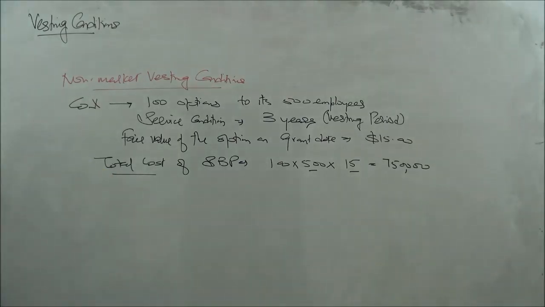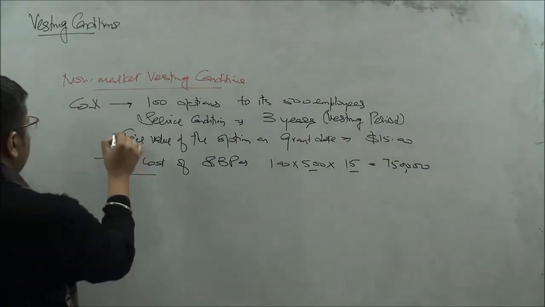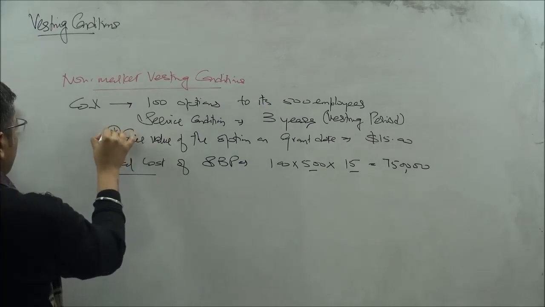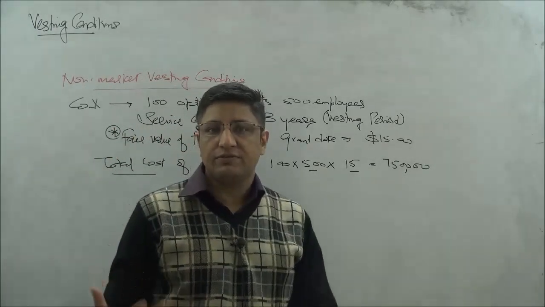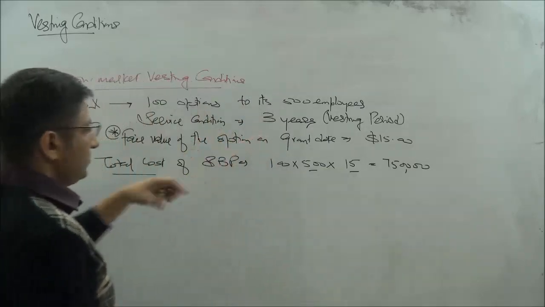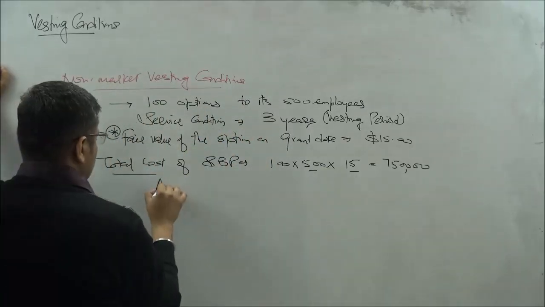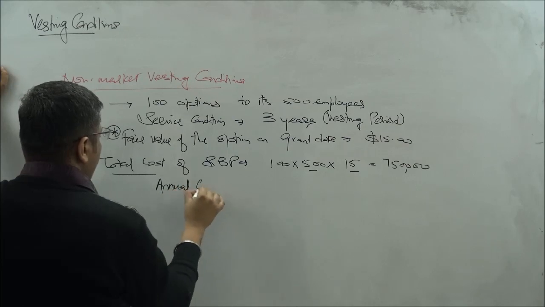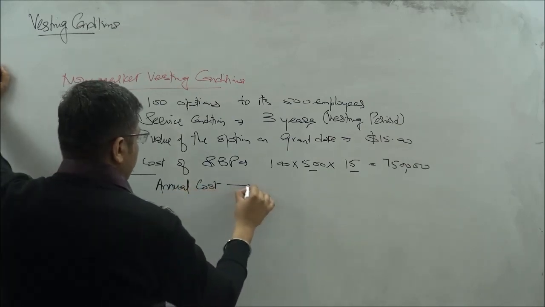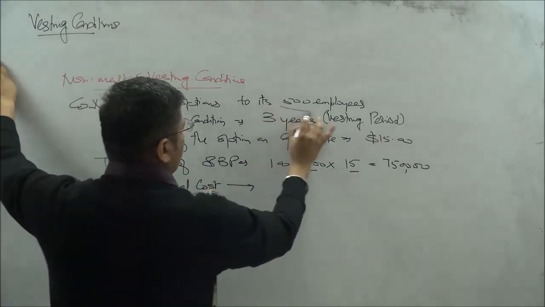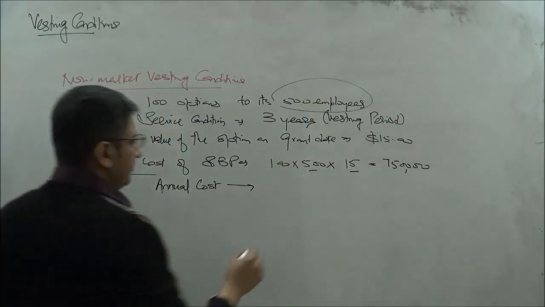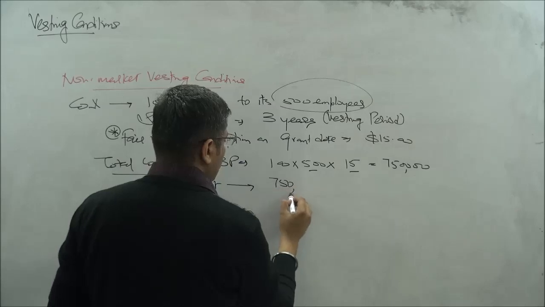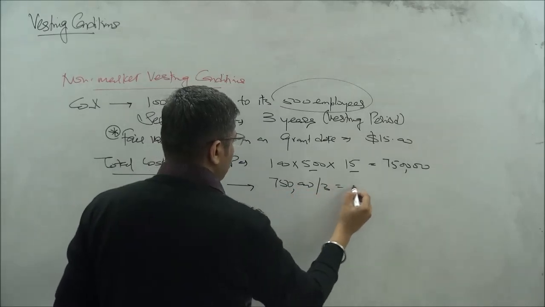And since the fair value of the option takes into consideration all aspects of probabilities, all aspects of market changes and everything, effectively the annual cost, assuming all these employees stay, should be 750,000 divided by 3.